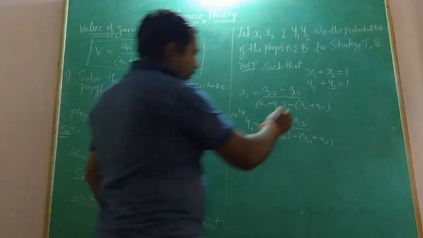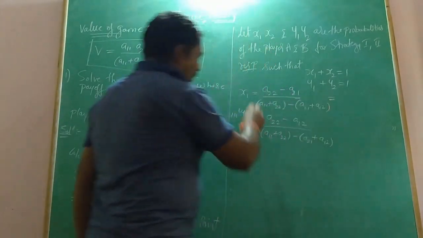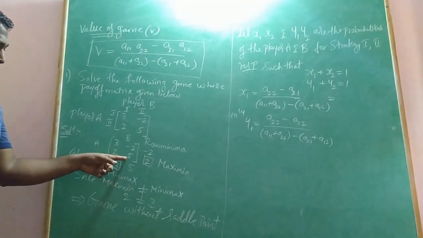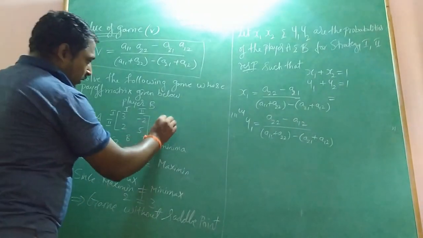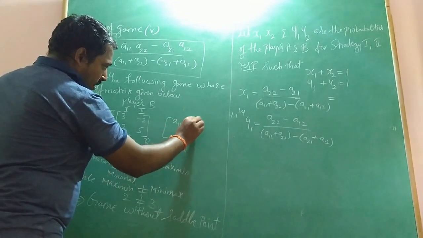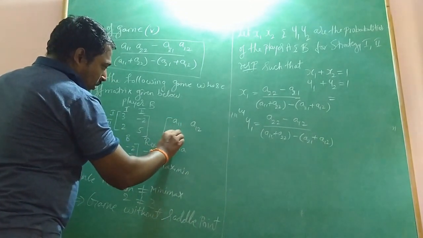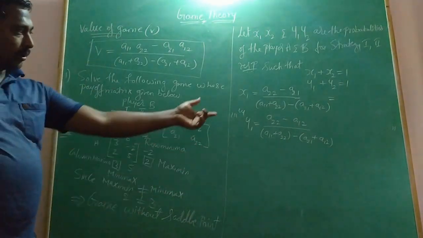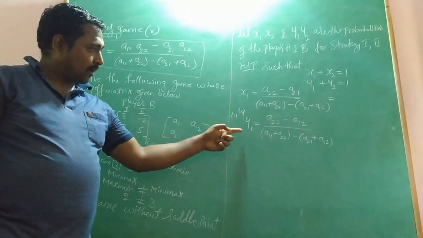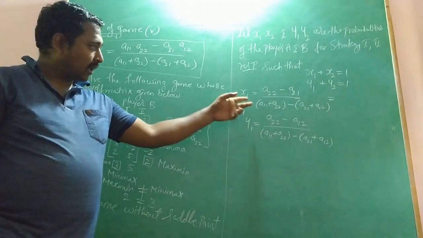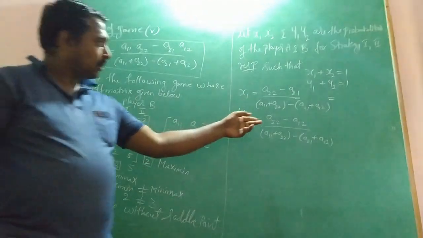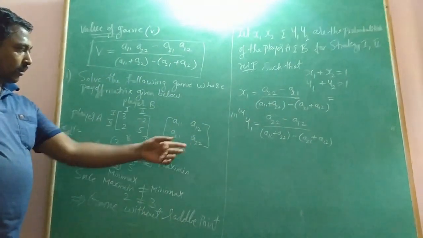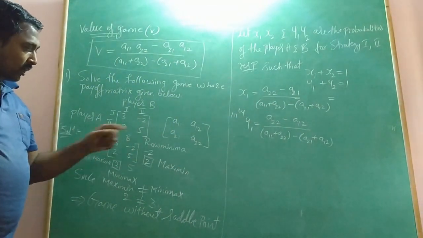We know the value of a22. If you compare this payoff matrix with the standard notation, here we have a11, a12, a21, a22. To find the value of x1, we know the formula. To find the value of y1, we know the formula. After calculating x1, y1, we can calculate x2, y2. The value of a22 is 5.